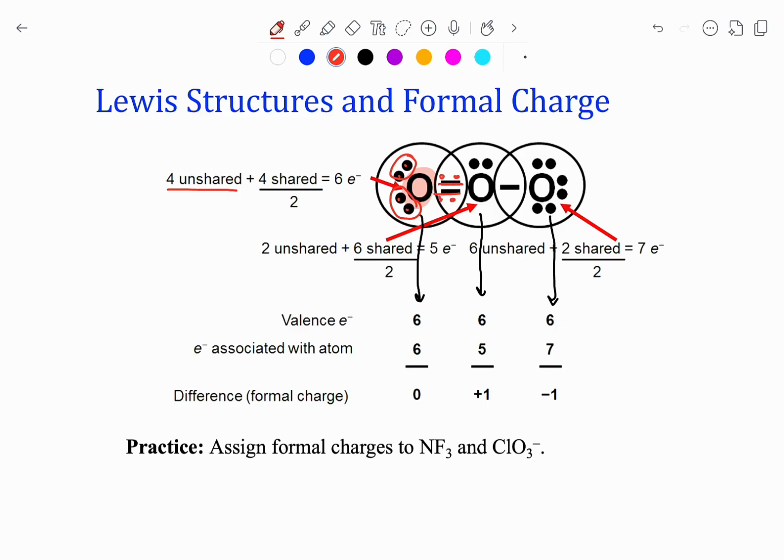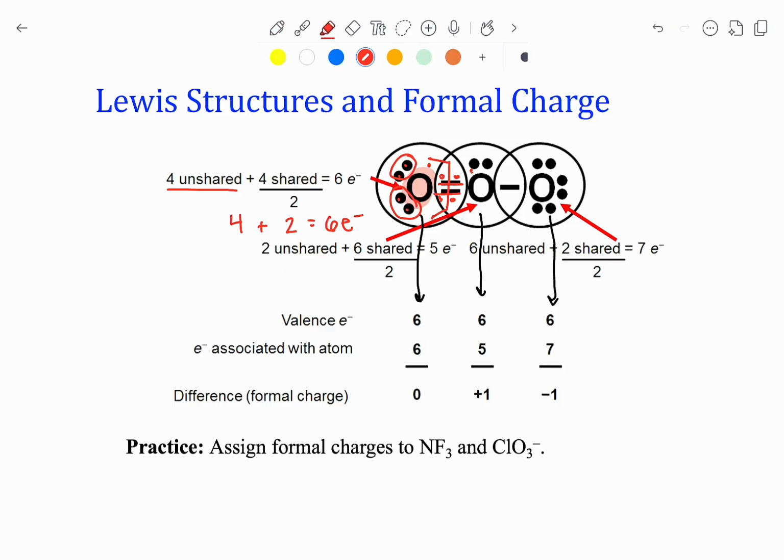So there's 4 shared electrons between this oxygen and the oxygen next to it. Because this oxygen only claims half of those, we're going to take 4 and divide it by 2. So that simplifies to 2. So we have 4 unshared plus 2 that are shared. So we add those together and we get 6 associated electrons.